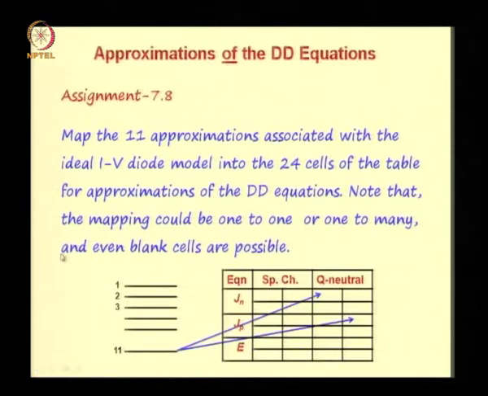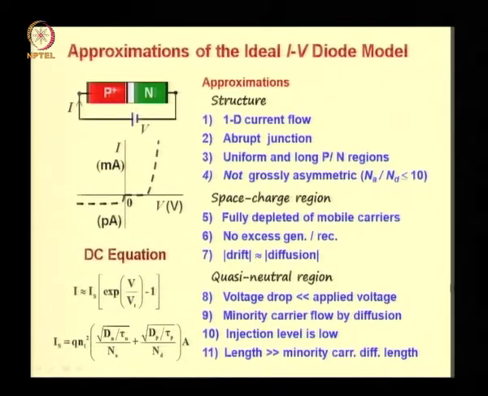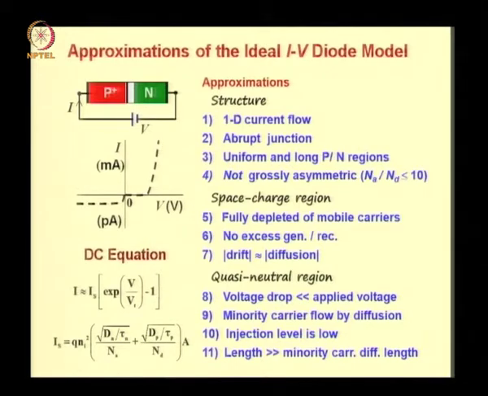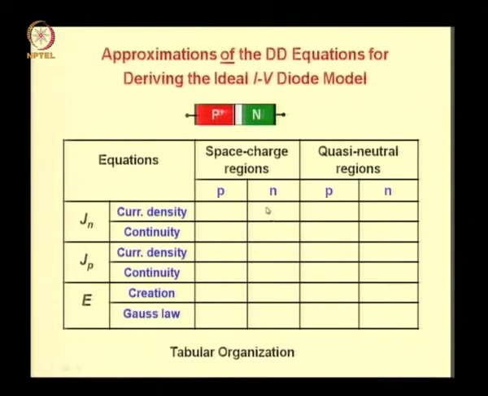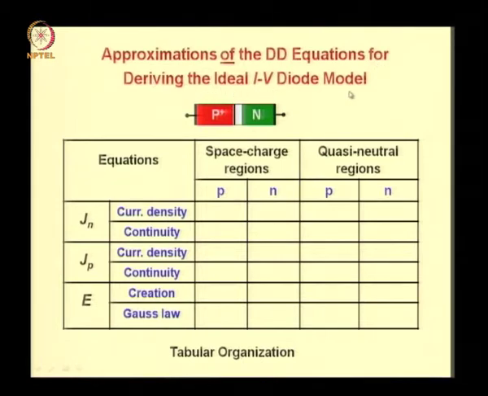So these 11 approximations, each of them have to be mapped into the cells of the table. So these are the 11 approximations reproduced here from the slide presented in the introduction section of this course. And these are your 24 cells of the table, in which you have to put the approximations of the drift diffusion equations for deriving the ideal IV diode model.